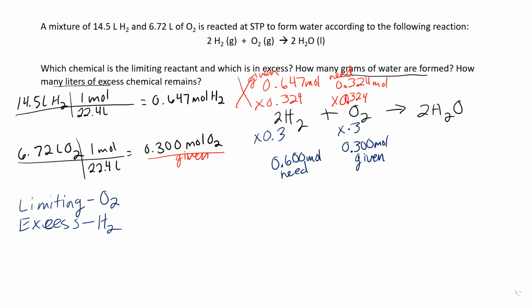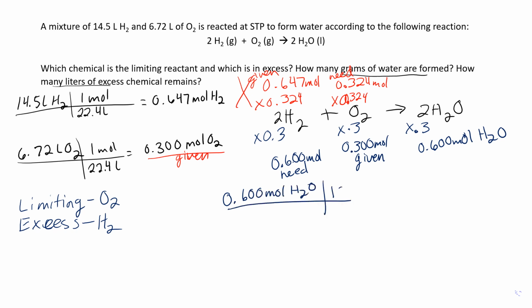So now I want to figure out how much water I'm going to make. Well, I'm going to multiply by that same number, 0.3, and it would be technically 0.300. So I'm going to get 0.600 moles of water from this reaction. Now, we want to know how many grams that is. So I'm going to go down here and do my conversion. 0.600 moles of water.